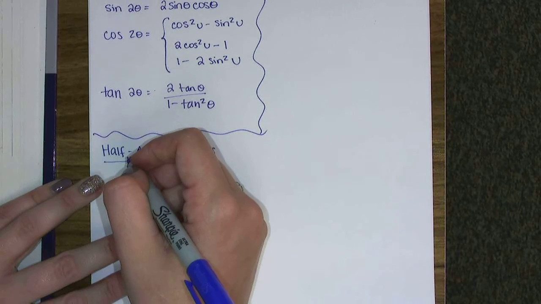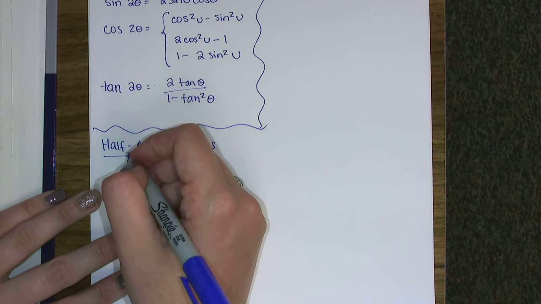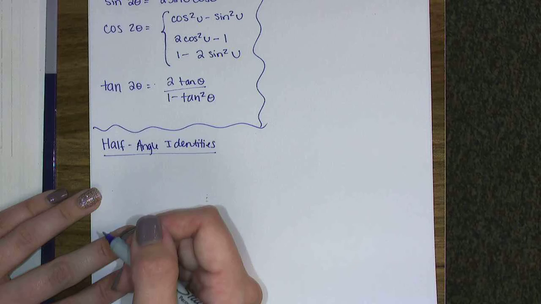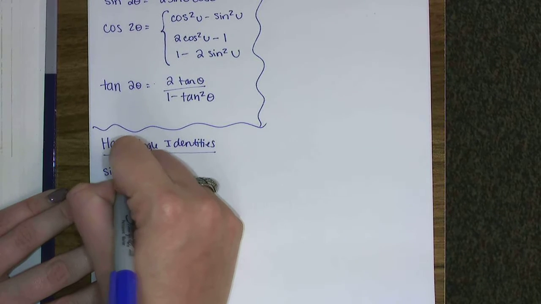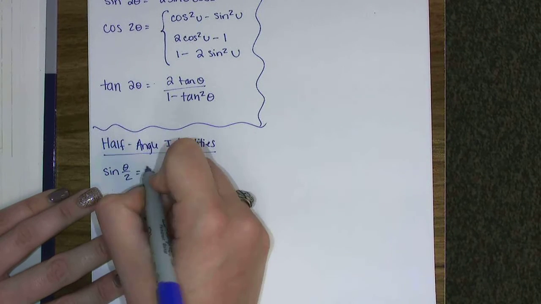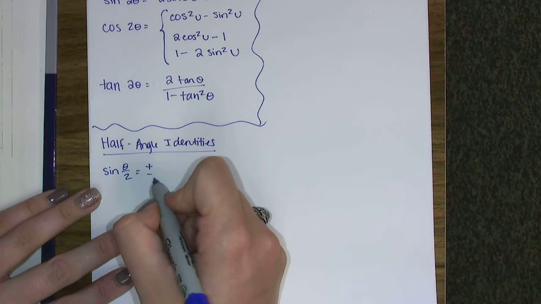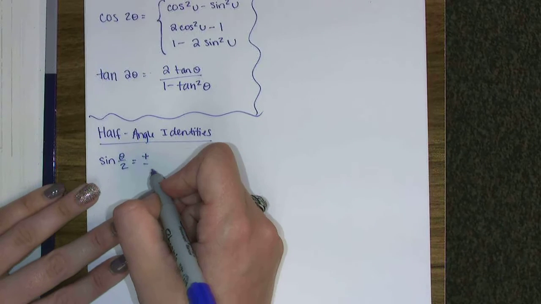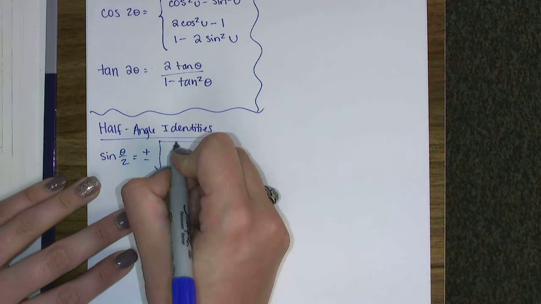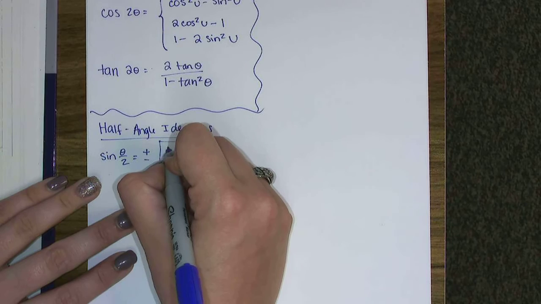Forgot about one of them. The sine of theta over 2 is equal to plus or minus, depending on which quadrant it's in, the square root of 1 minus the cosine of theta, all over 2.